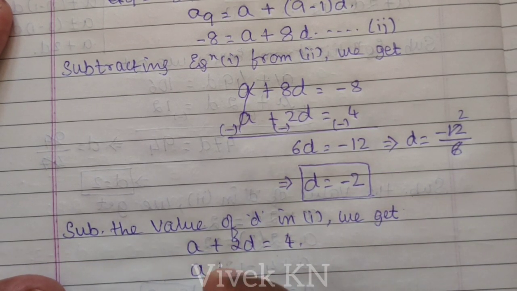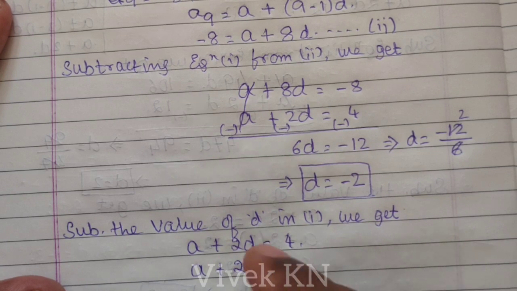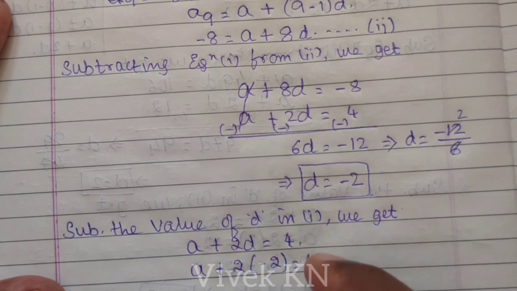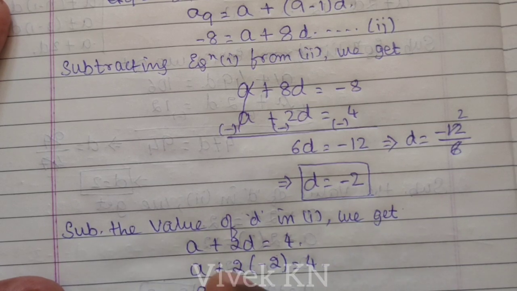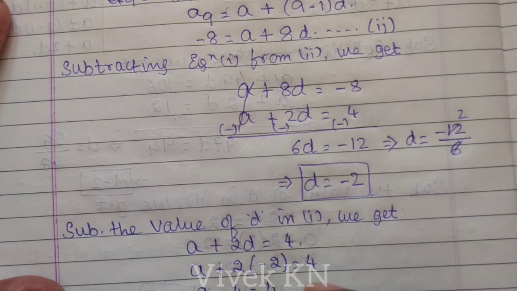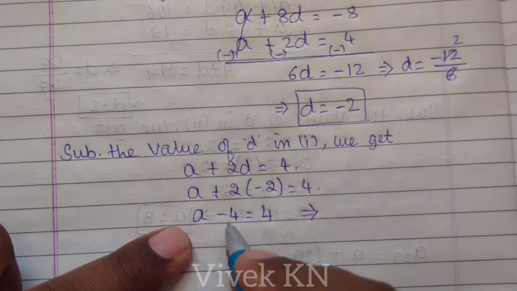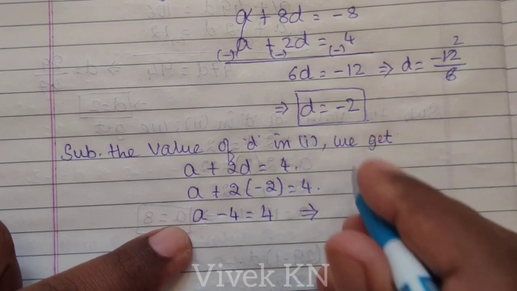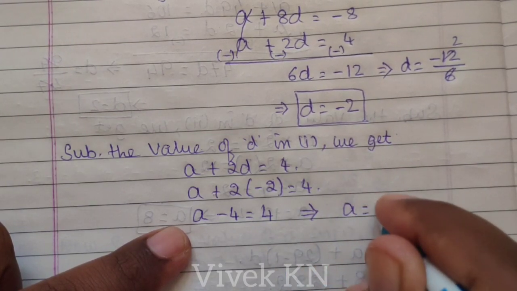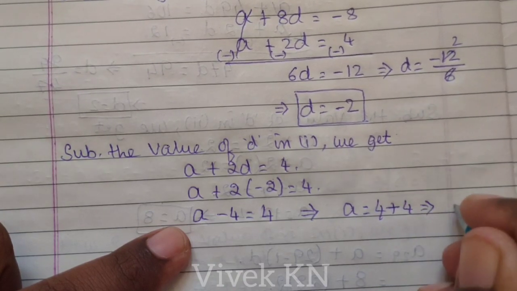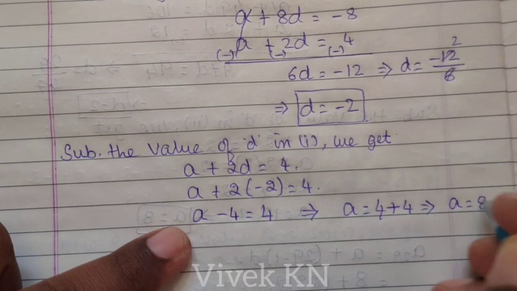Therefore a plus 2 into the value of d, minus 2, is equal to 4. a plus into minus, minus 4 equals 4. Shifting this minus 4 to the right side, we get plus 4. That is a is equal to 4 plus 4. That is a is equal to 8.